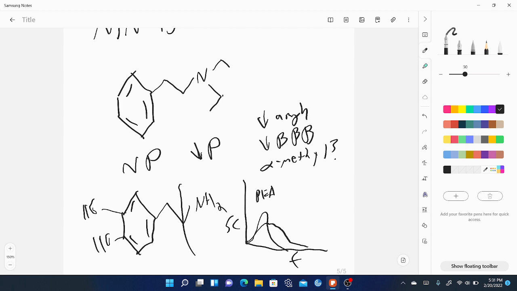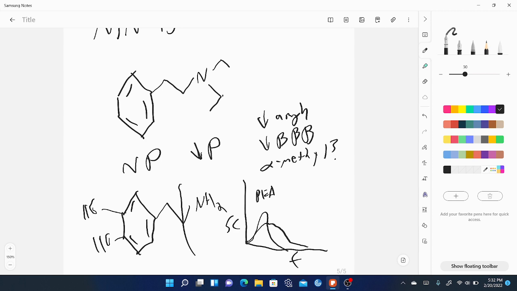It could even be considerably longer half-life, but blood-brain barrier penetration will be down. Its ability to act as a direct receptor agonist will be down. And as there's no substituents here for direct receptor agonism, the utility of this compound will be limited in the context of limited blood-brain barrier penetration.